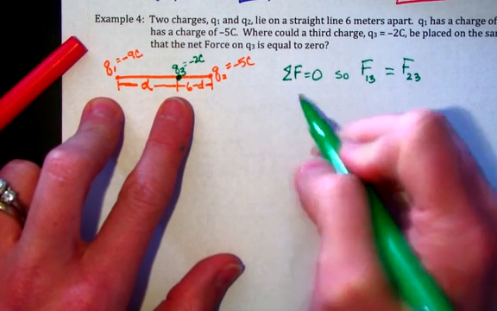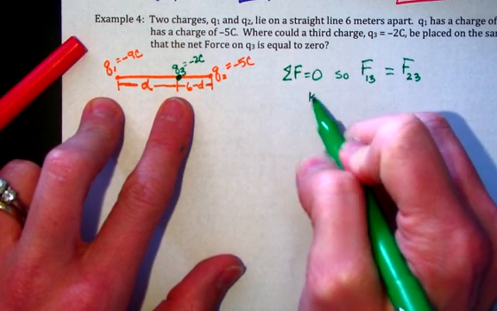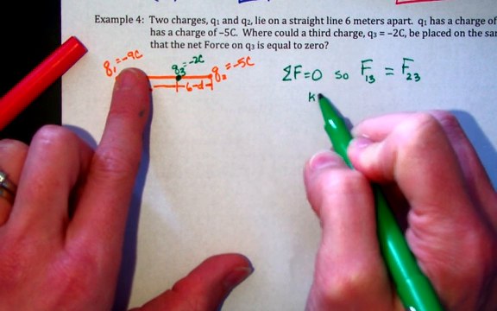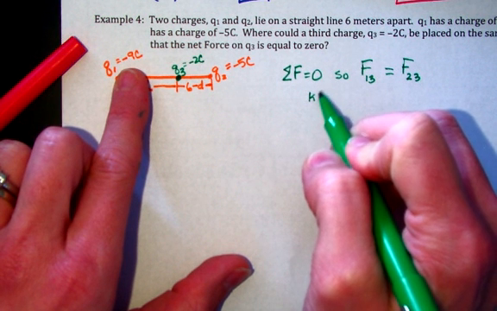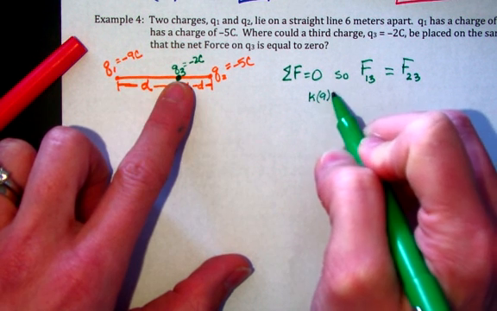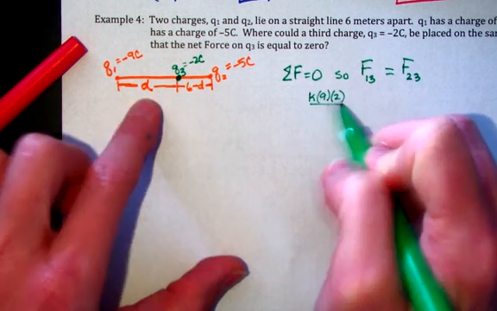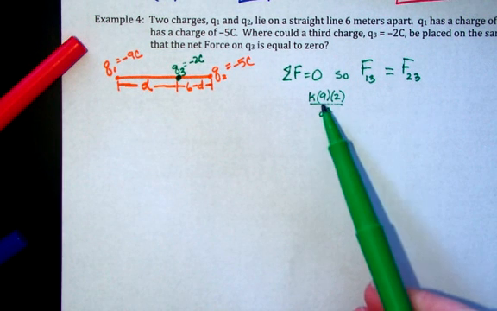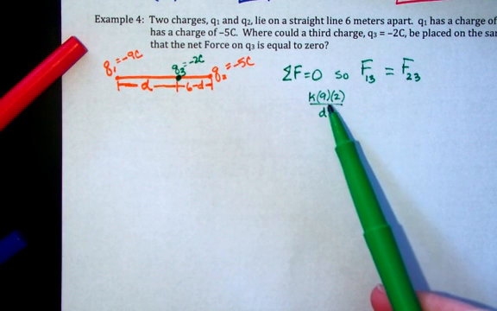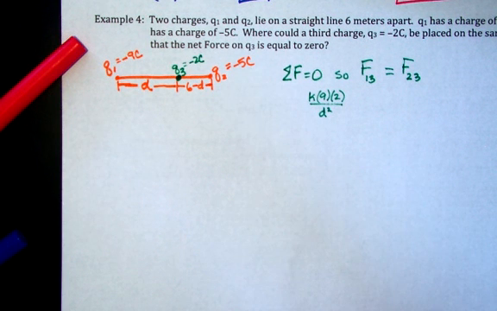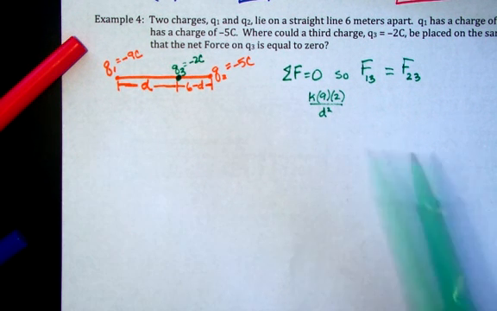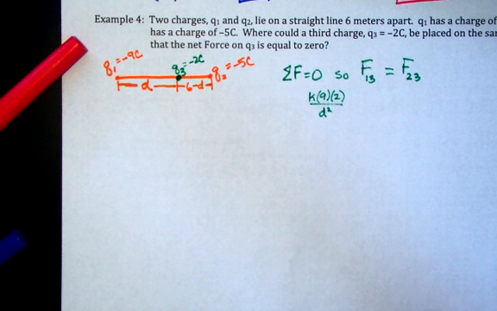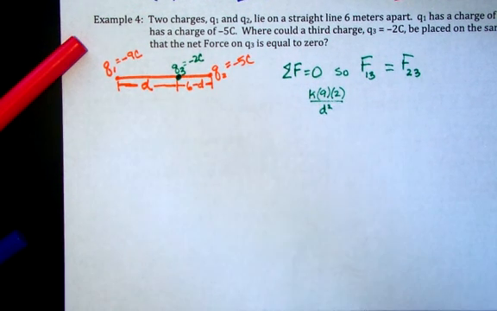F of 1 on 3 is going to be K times 9 times 2 over D squared. Now, why did I not put -9 coulombs and -2 coulombs? Because it's the magnitude. When you use the electrostatic force equation, it's always a magnitude. You can put negative, but then you need to include the absolute value, and when you take the absolute value, we'll come back to this +9, +2, okay?